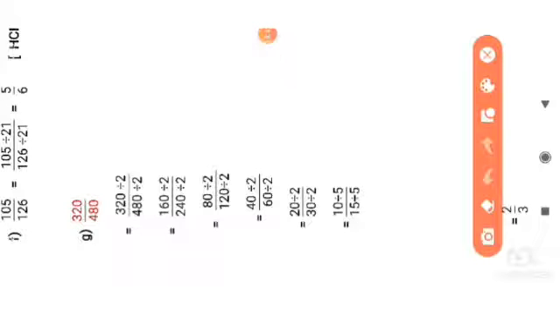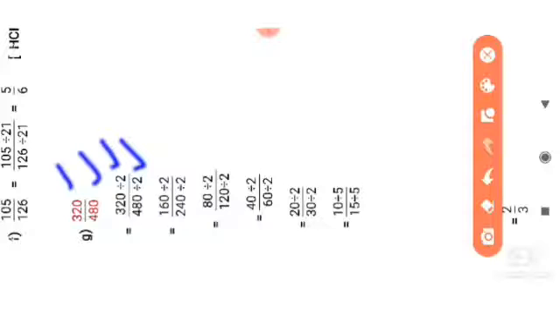So you can see 320 and 480 are both even numbers. If the numbers are even, they are always divisible by 2. So first you will divide 320 by 2 and 480 also by 2.